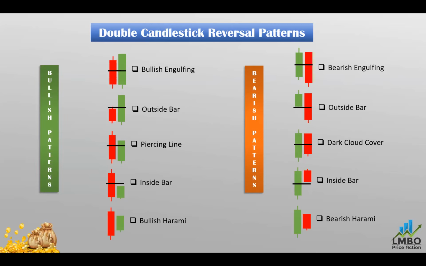Who can tell me what the primary patterns are? Anyone have an idea? Bullish engulfing and piercing line? Which are the primary patterns? Inverted hammer is a primary pattern, right?